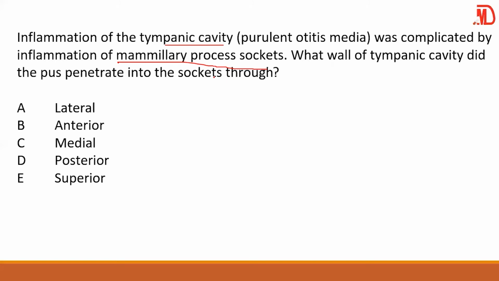We have the floor of the cavity. And the floor is mainly made up of the jugular wall, or it is also called the jugular wall. And this consists of the fundus tympani.